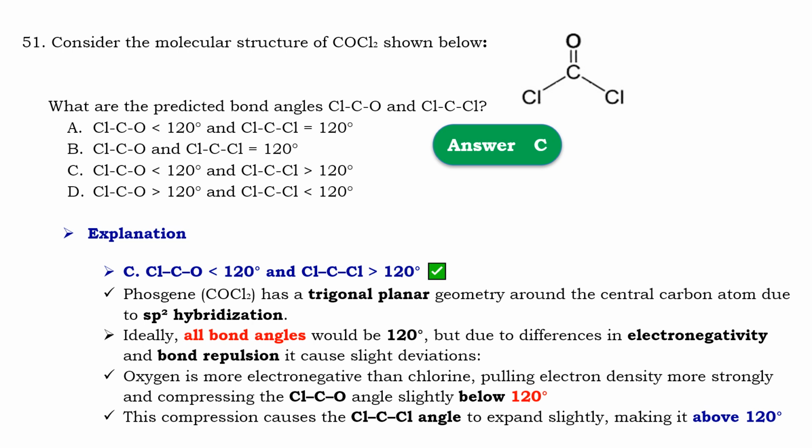So that should perfectly be C: chlorine, carbon, oxygen is less than 120 degrees, and chlorine, carbon, chlorine is greater than 120 degrees.